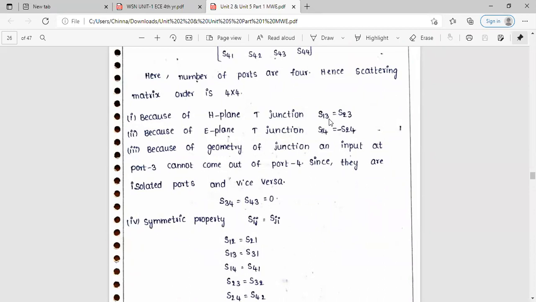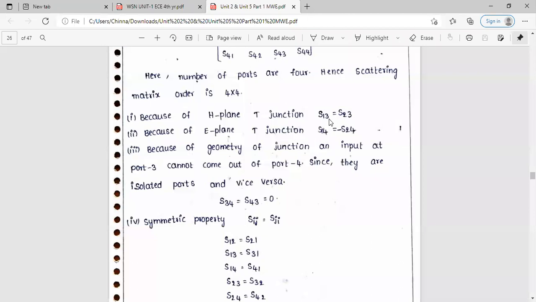Because of the E plane T junction, S14 is equal to minus S24. Because of the geometrical junction, the input at port 3 cannot come out of port 4, and vice versa, so both are isolated ports.